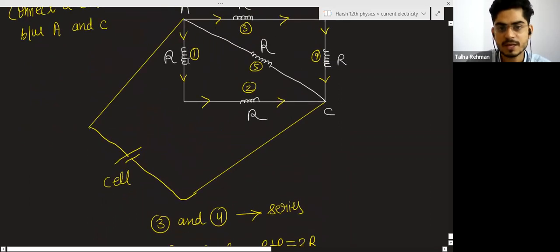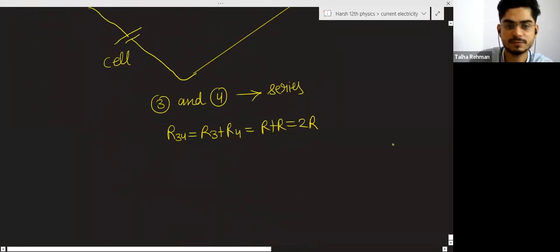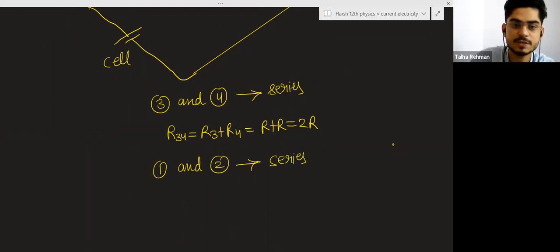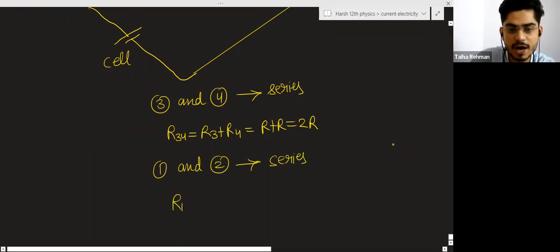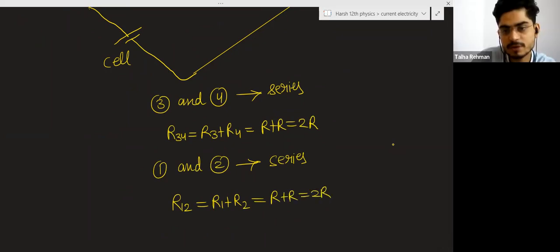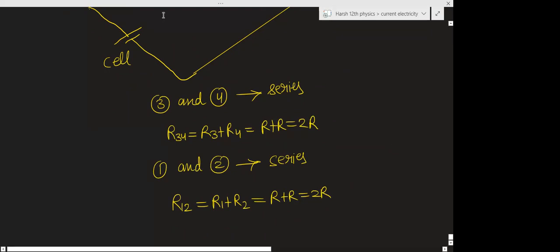Now see, resistances 1 and 2 are also connected in series. So you can find R12, R1 plus R2. This is R plus R. This will become 2R.